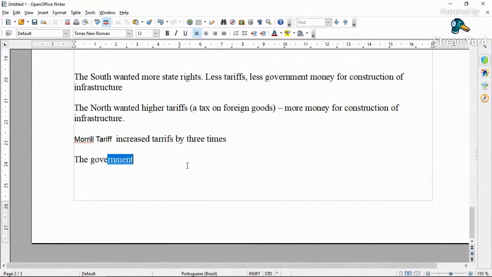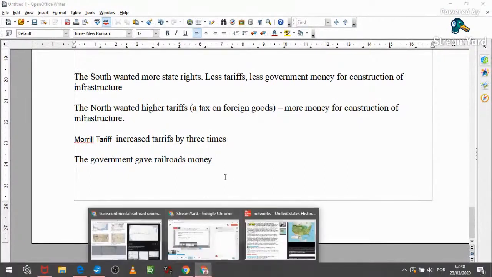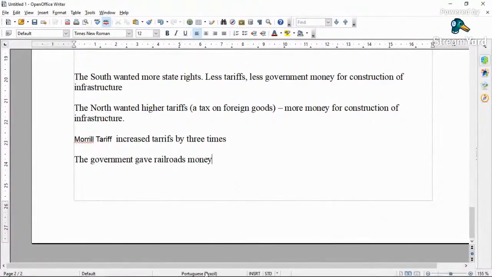The government gave railroads money, which we are going to call land grants. Money, but also land around the railroads, which are the land grants, right?